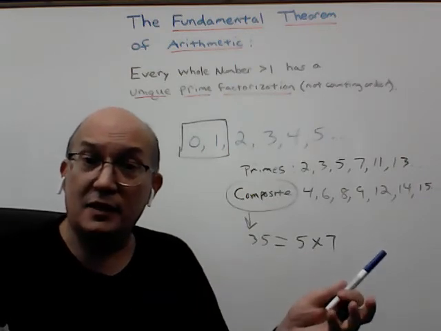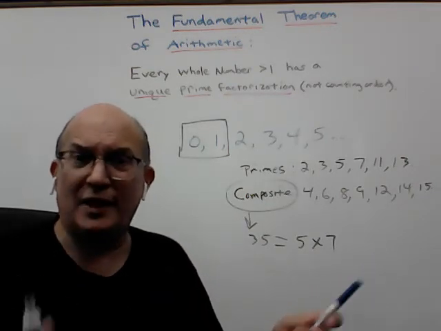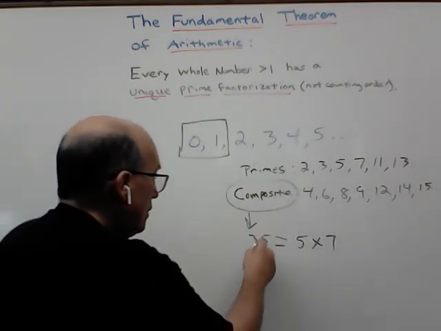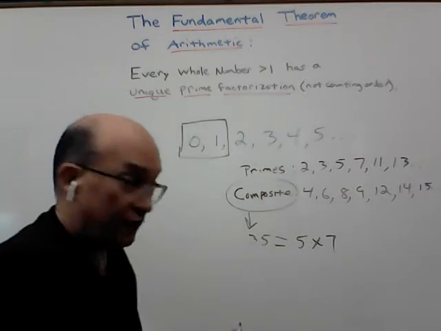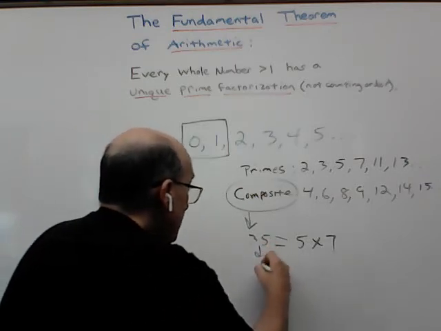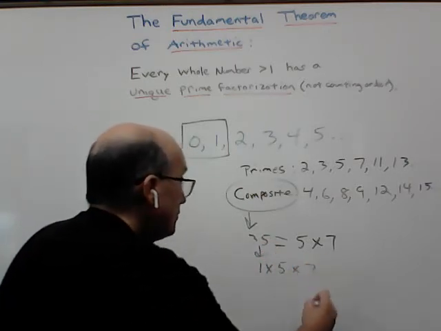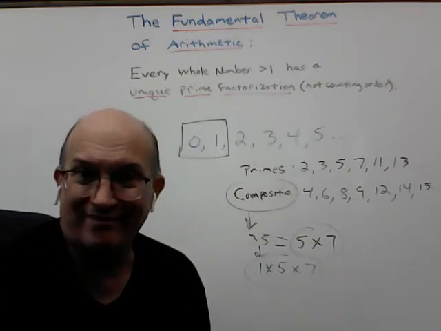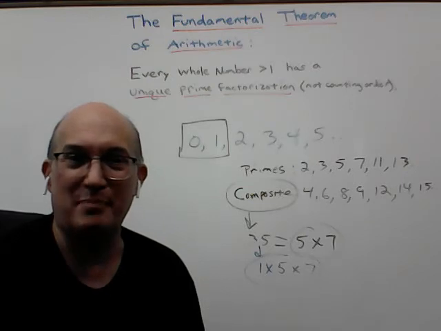Let's say that 1 were prime. Let's say we're going to consider the number 1 to be prime. Well, the prime factorization of 35 could then be 1 times 5 times 7. And then there would be 2 of them. The prime factorization would not be unique.